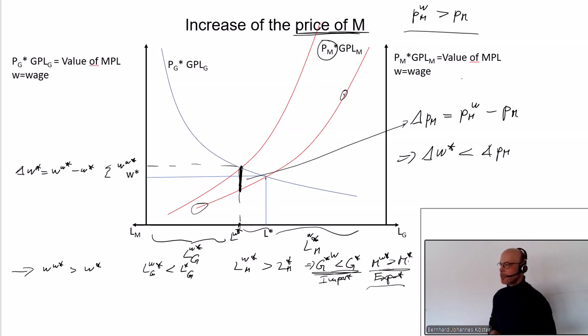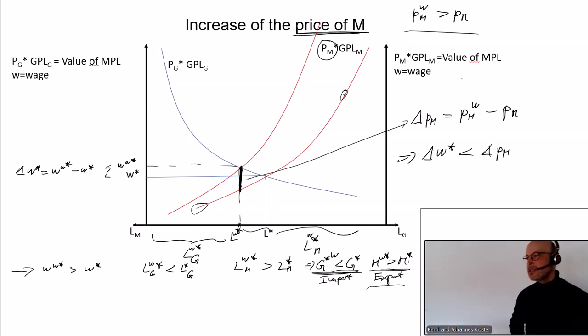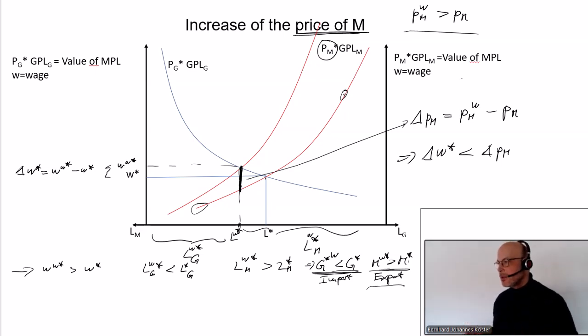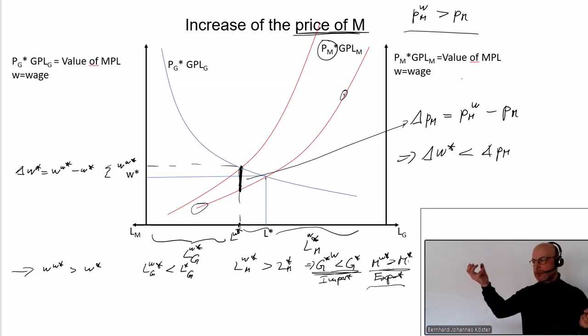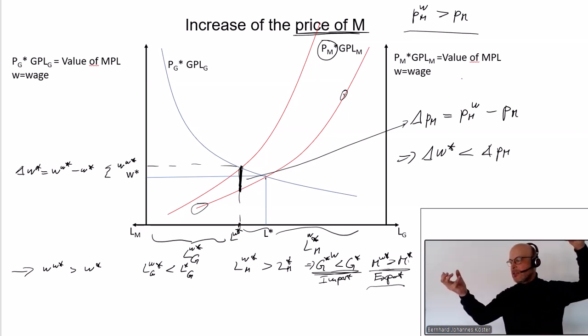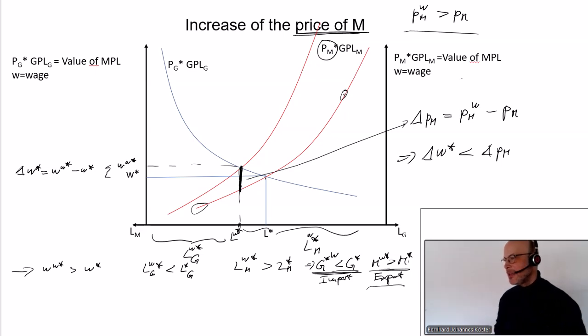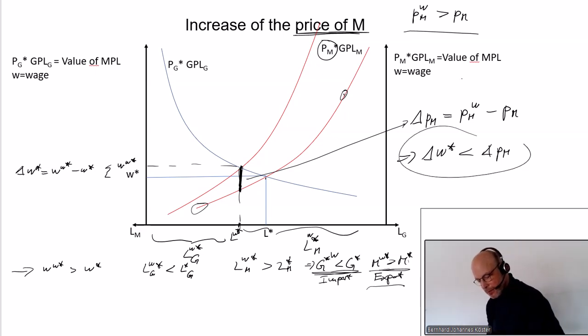Just increasing output does not mean that we are better off. Because why? If we are producing more, think again about my microeconomics argument from profit maximization. Increasing production also means increasing inputs, which means increasing costs. And then we have to look: is the increase of revenue larger than the increase of our costs? And at this point we are happy in these export sectors because of this finding here.